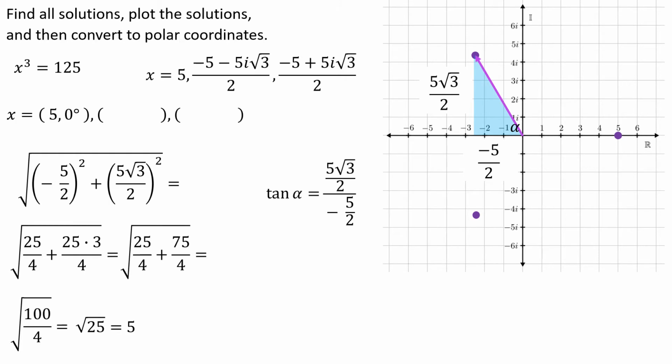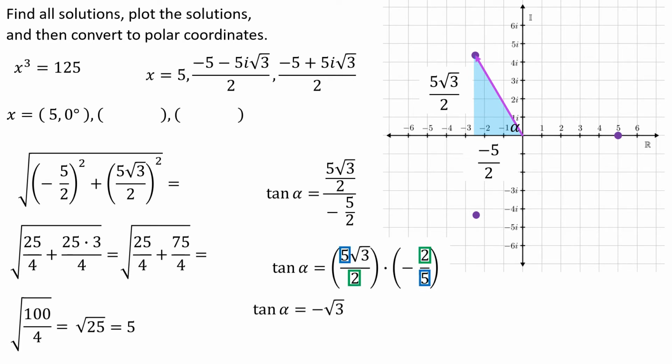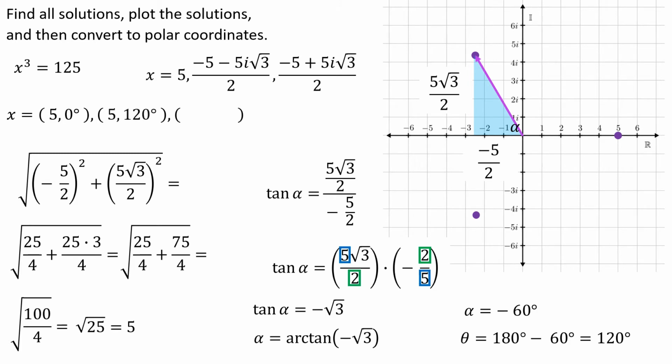And then when we try to figure out the angle for alpha, alpha is just negative 60 degrees. So theta is actually 120 degrees. And again, I've got this out of order, right?